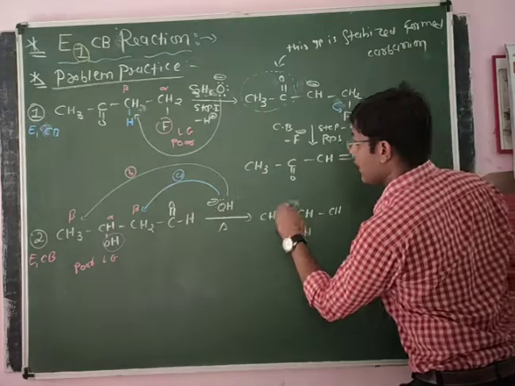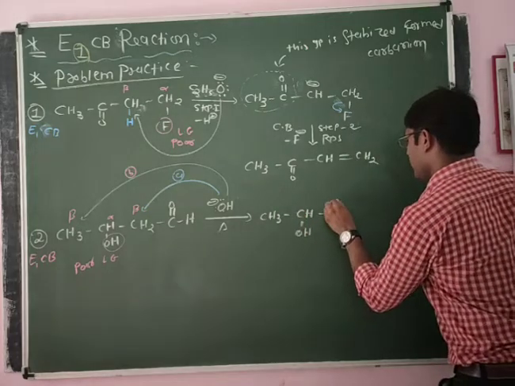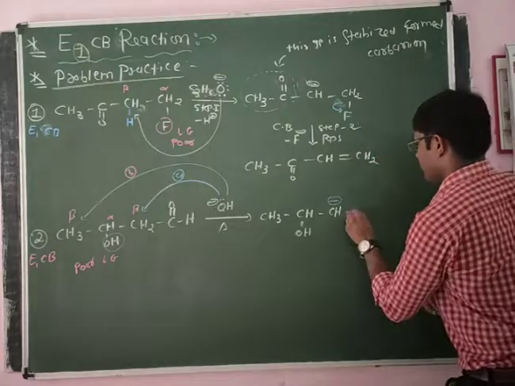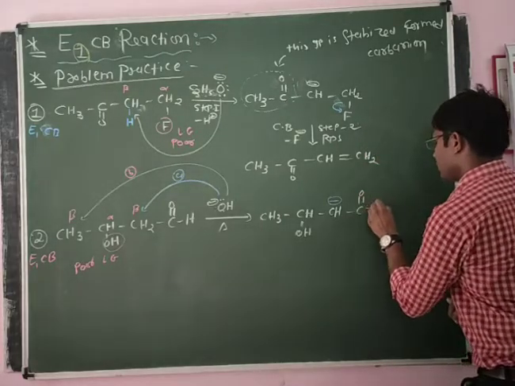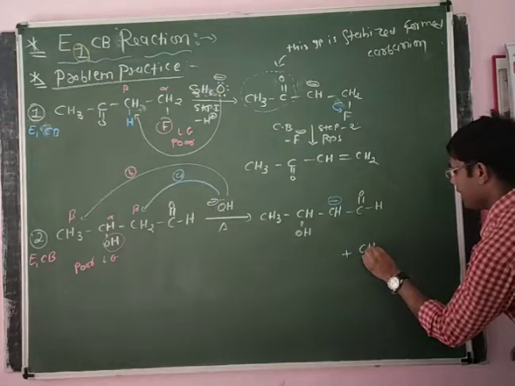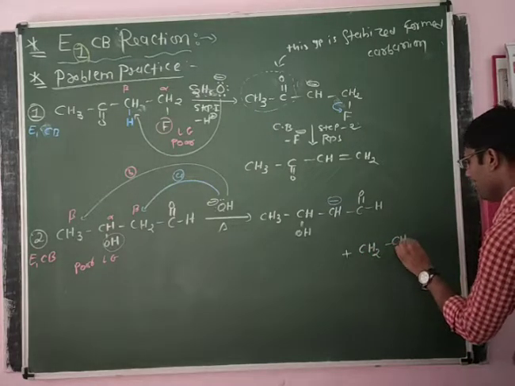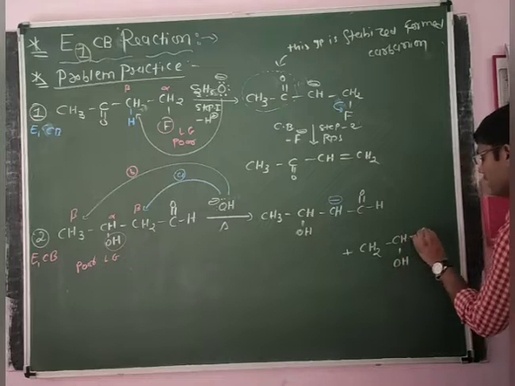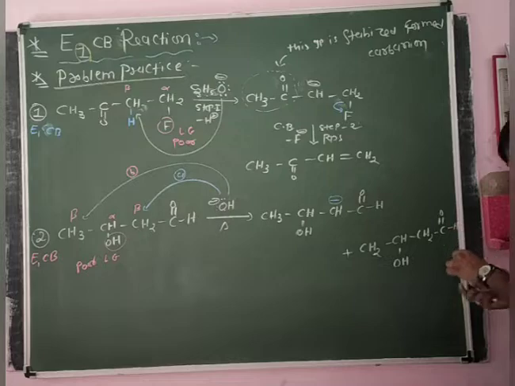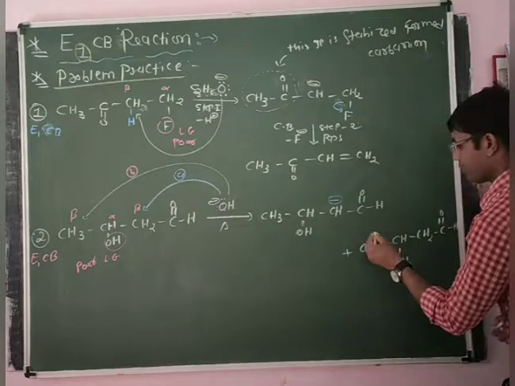Suppose this is the A route, and in the A route this is our carbanion, C double bond OH, plus CH2, B route, OH, CH2, C double bond OH. This is our B route.